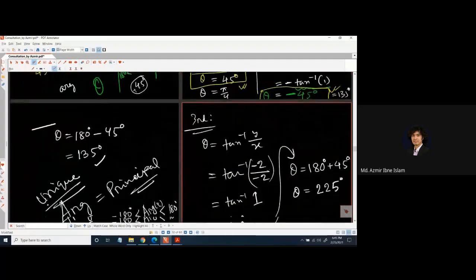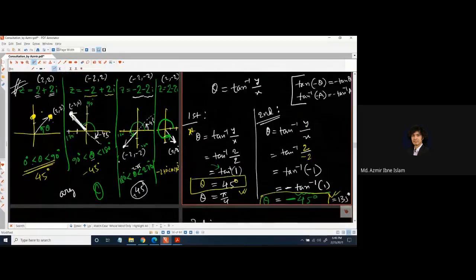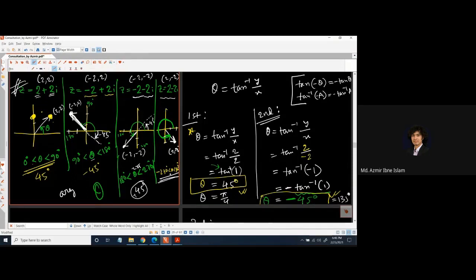The main thing is we are learning how to figure out the angle of a complex number that is in any quadrant, maybe first quadrant, second quadrant, third quadrant, or fourth quadrant. So first, second, and third cases are over. Let's do the fourth one. Our assumption says that it is between negative 270 degree to 360 degree.